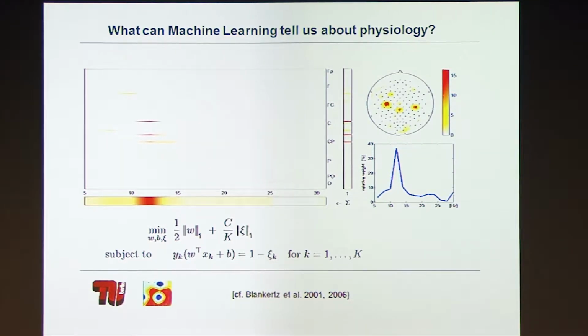But there may be some other more interesting cognitive states that we may have in mind where we don't really have a clear model of what we would expect. Then we can already get some idea of which areas in the cortex should be contributing and what frequencies. And then we can try to adapt our experimental paradigm to actually test this hypothesis. Okay, so in this way we can hope to learn something. Okay, enough for your slide.